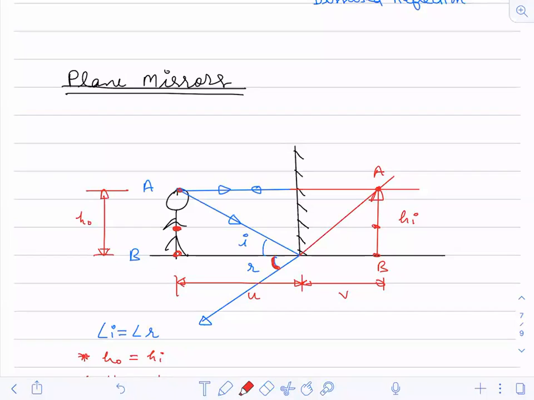If you make light fall on them, what will happen? They will also reflect the light. It's not like they will not reflect the light. The only problem is the energy reflected is very less, so you will not be able to see the image properly.